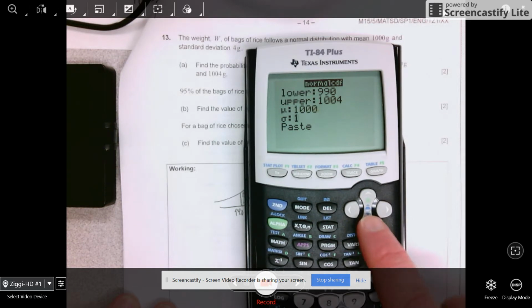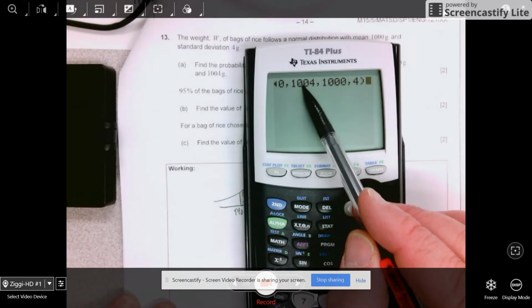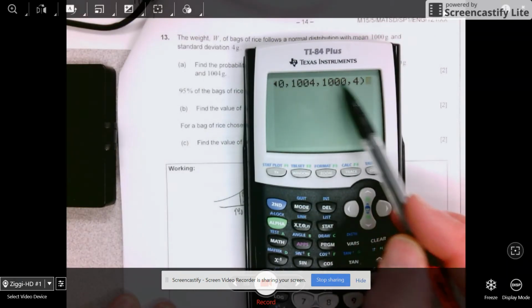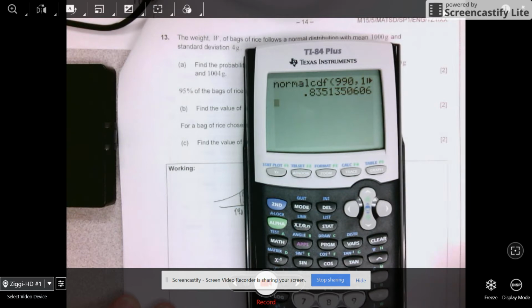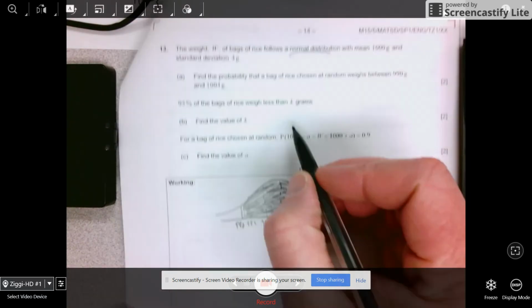If you have a TI-83, it's going to look like this, where you put lower range, upper range, mean, standard deviation. So that's 0.835. It doesn't change stuff to percent, so we'll leave it as a probability.